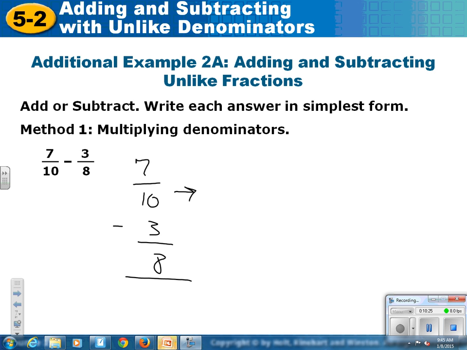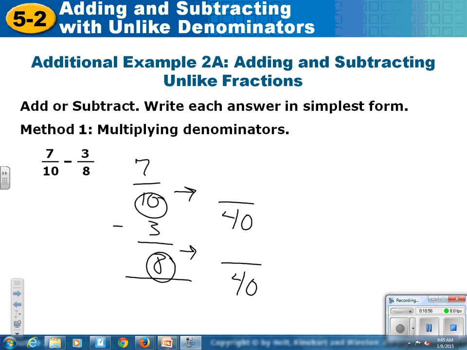You need a number on the bottom that is the same for both 7/10 and 3/8. The common denominator is going to be your least common multiple between this number and this number. What is the least common multiple between 10 and 8? It is 40. 40 goes there, 40 goes there.